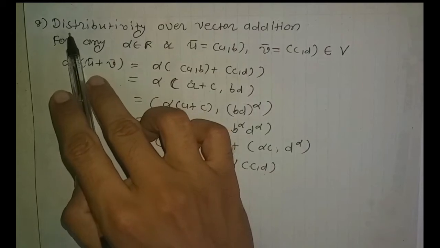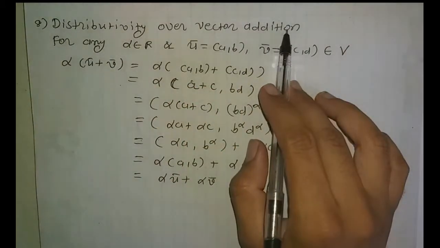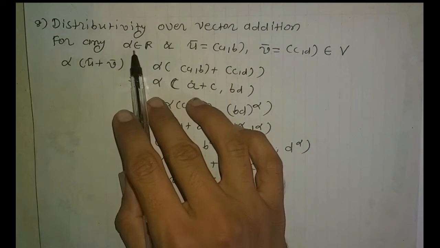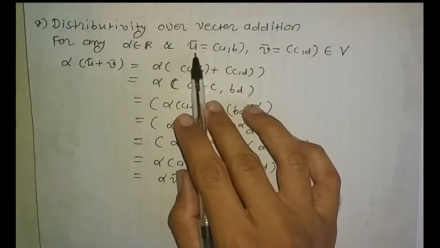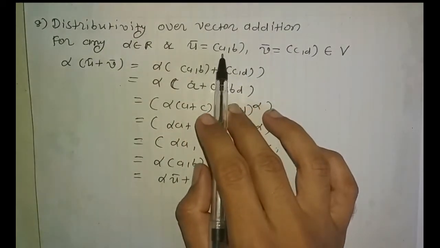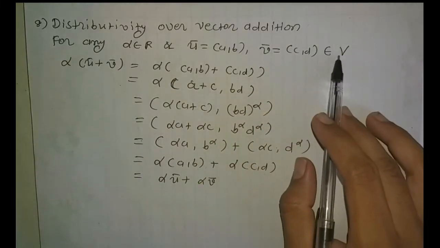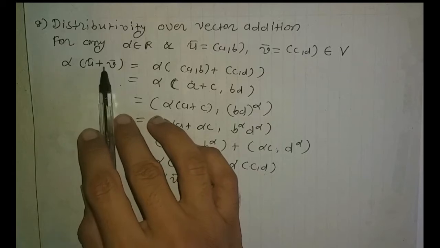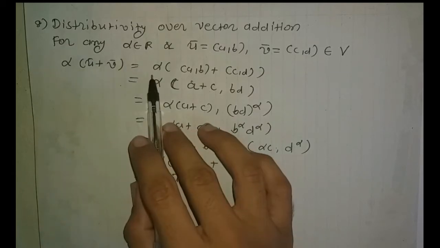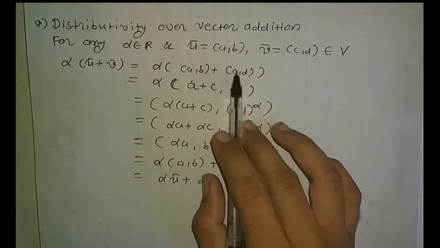Now distributivity over vector addition. So consider alpha belongs to R and two vectors u bar and v bar, which are equal to vector (a, b) and vector (c, d) respectively from the set V. Now alpha of u bar plus v bar is equal to alpha of vector (a, b) plus vector (c, d).